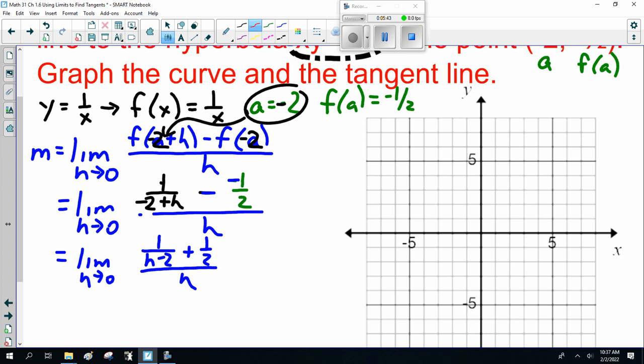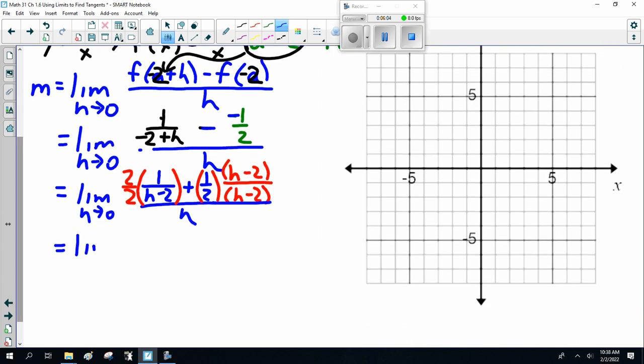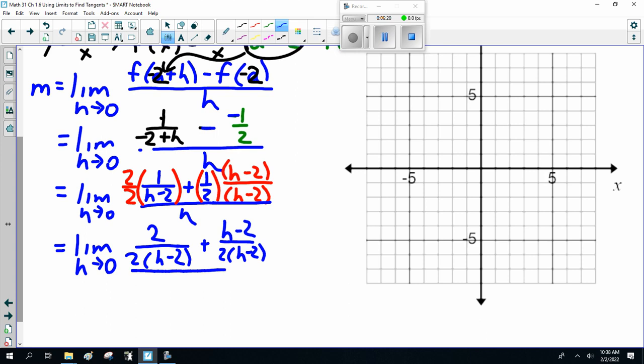You remember adding and subtracting fractions? We need a common denominator. Our common denominator here, h minus 2 and 2, is 2 times h minus 2, all divided by h. So this is the limit as h goes to 0 of 2 over 2 times h minus 2, plus h minus 2 over 2 times h minus 2, all divided by h.